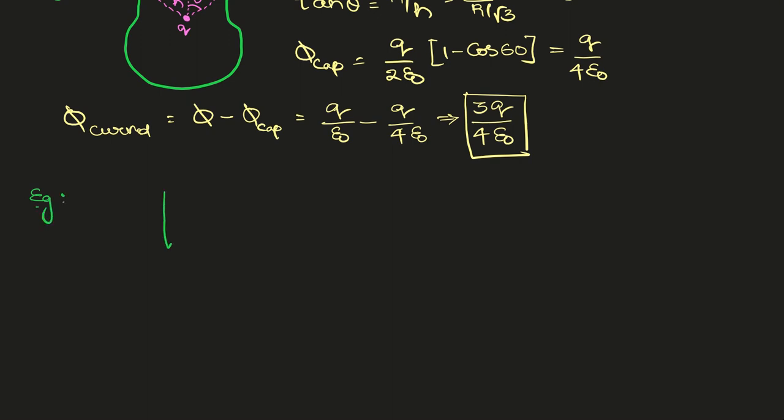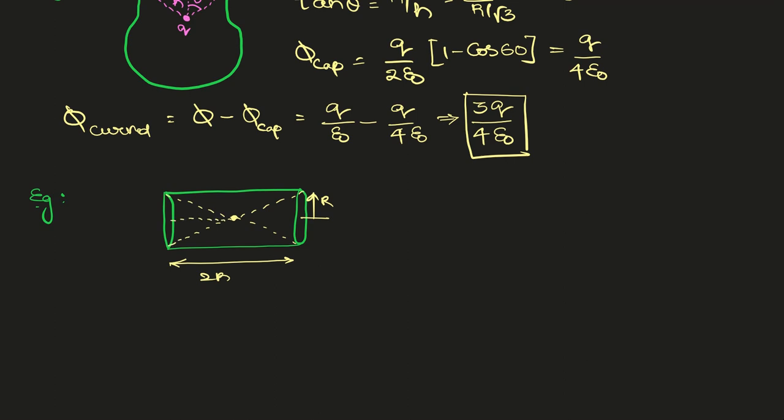Just look at this example. Suppose you are given a cylinder whose length is 2r, where r is the radius of the cylinder, and a charge is placed at the center. Definitely we can observe two cones. As the surface to surface distance is 2r, from the center it will be r, so this angle will be 45 degrees.